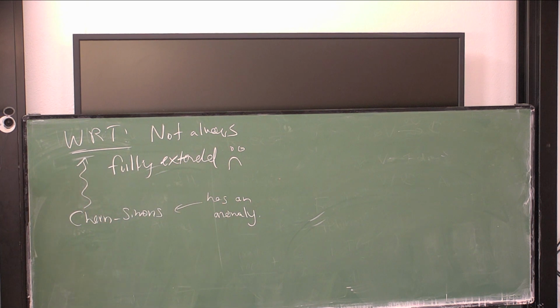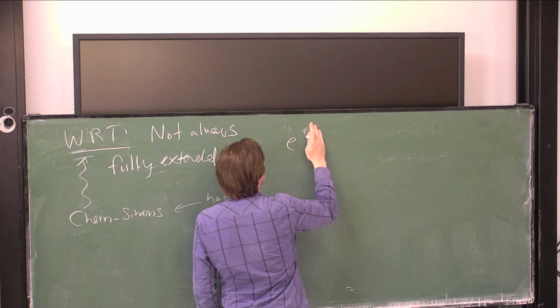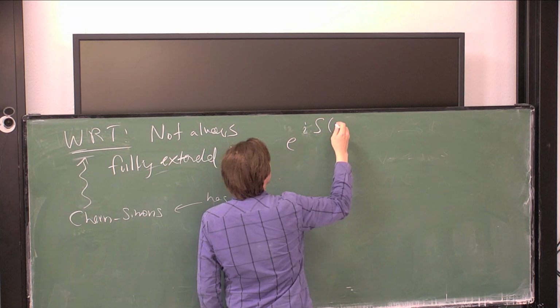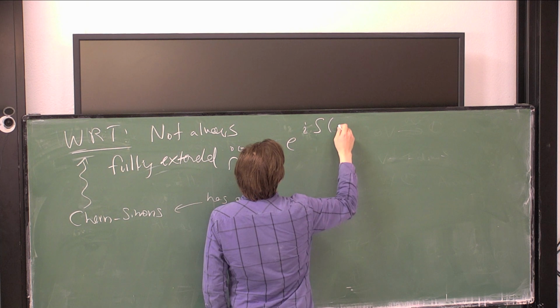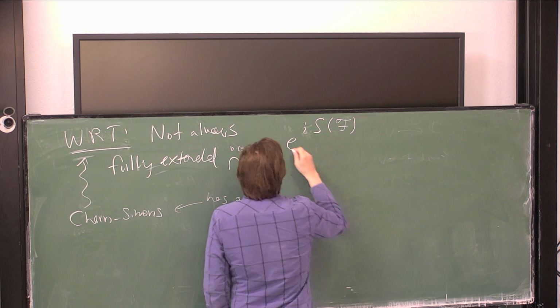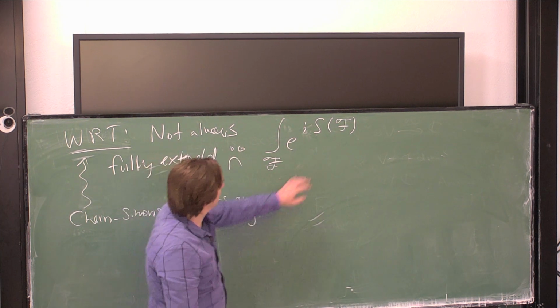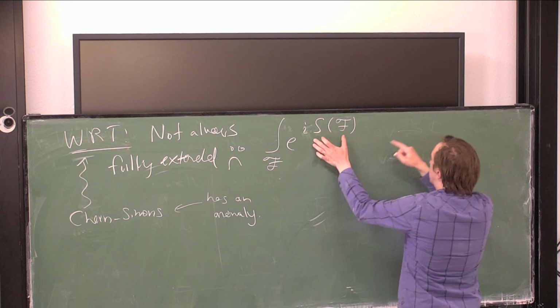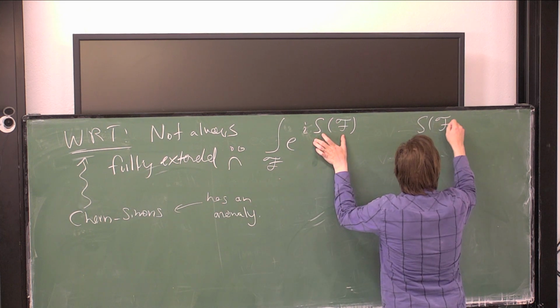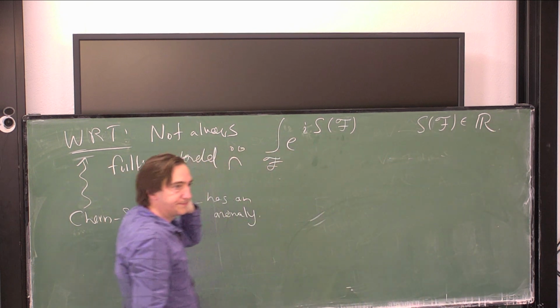And the anomaly in Chern-Simons basically comes from the fact that when we write e to the i S(f) integral over the fields, we like to think that to do topology, S(f) is a well-defined number.